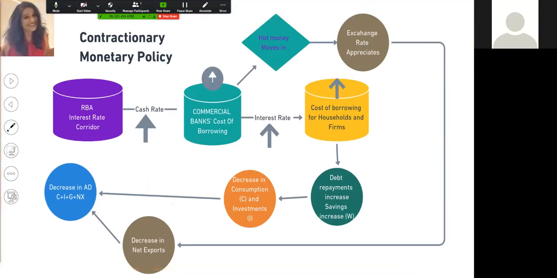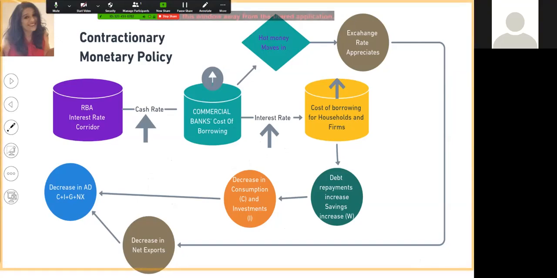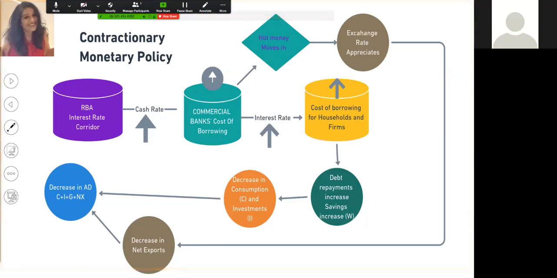And in contrast is the contractionary monetary policy. The Reserve Bank does just the opposite, as in it increases the cash rate so that the commercial banks' cost of borrowing increases, the hot money moves in, and alongside the interest rates go up. And when the hot money moves in, demand and supply are affected, and thus the exchange rate appreciates and net exports will decrease. The cost of borrowing for households and firms will increase with the increased interest rate.